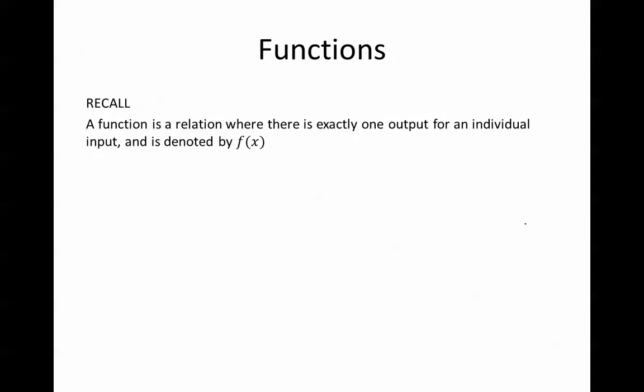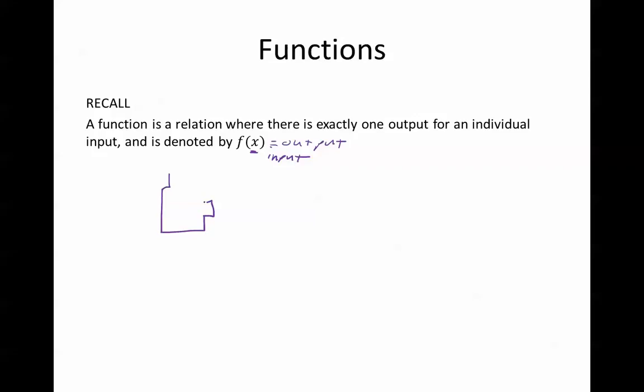Let's just recall from our memory that a function is a relation where there is exactly one output for an individual input, and we denote it like this, f of x, where x is my input. And f of x equals my output. Whatever's inside the parentheses is my input, and whatever comes out over here is my output.